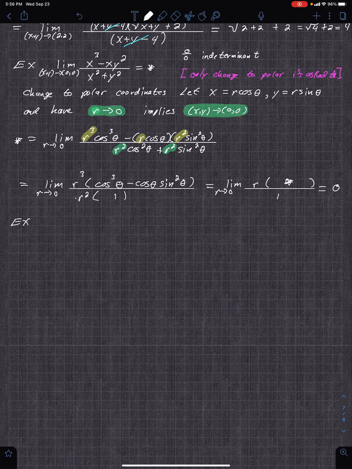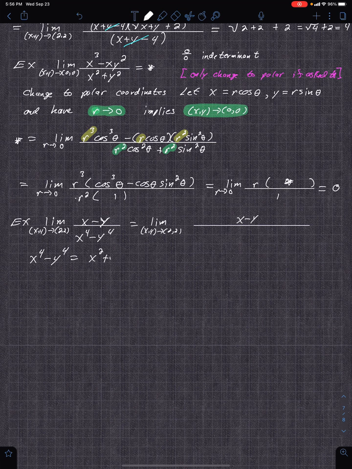You can try any of these as you go, obviously, but try this one. The limit of x minus y over x to the 4th minus y to the 4th, as xy approaches 2. The difficulty in this one is just factoring x to the 4th minus y to the 4th.